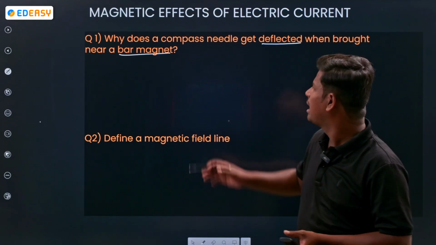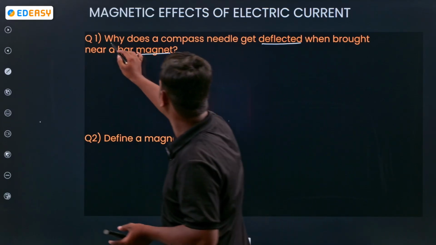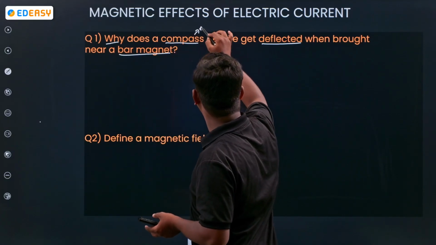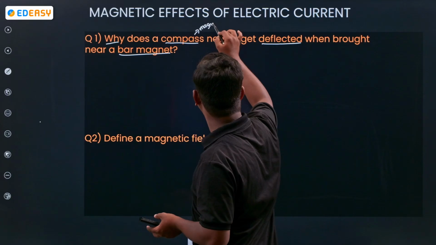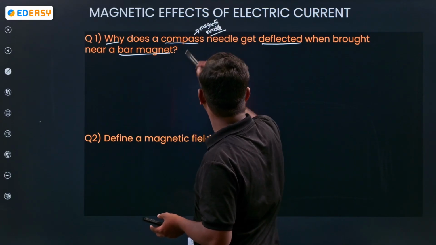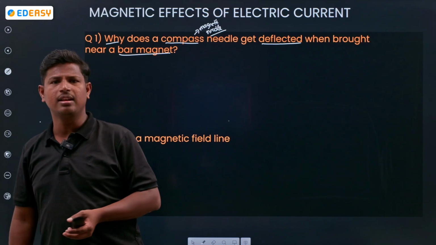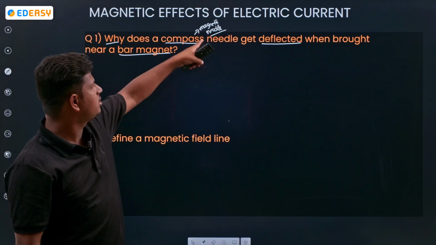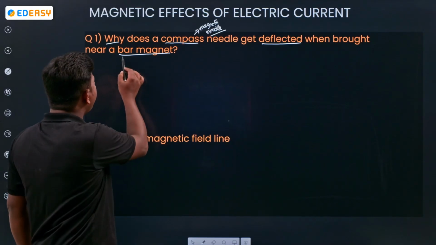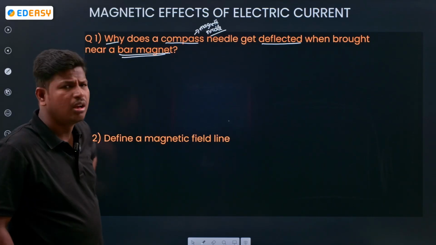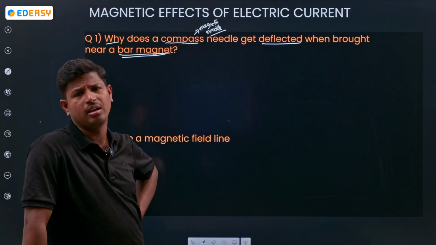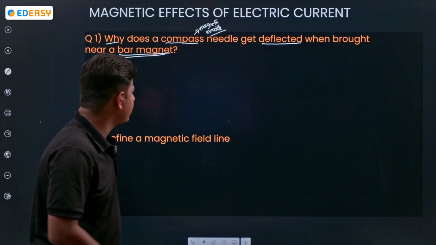What is present in a compass? A magnetic needle is present. So this magnetic needle is deflected when near a bar magnet. Compass needle means magnetic needle only.